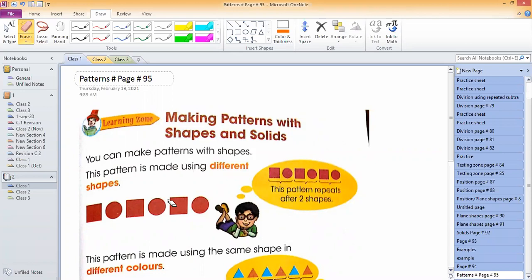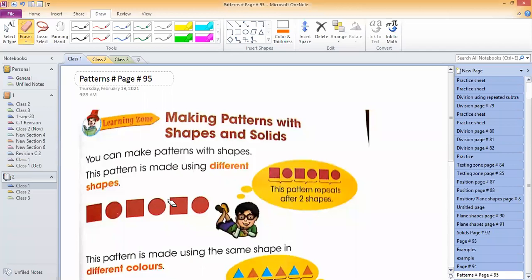You can find patterns around you in many things. If you check the floor tiles, you will see a particular pattern in the tiles.